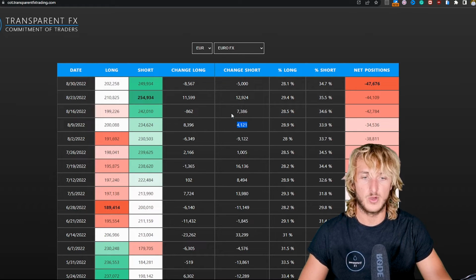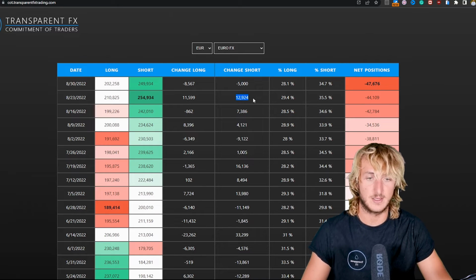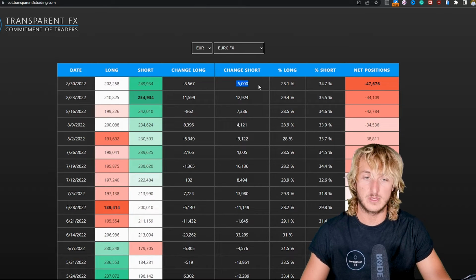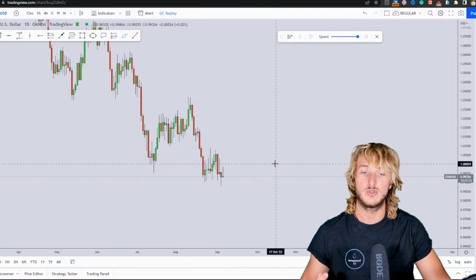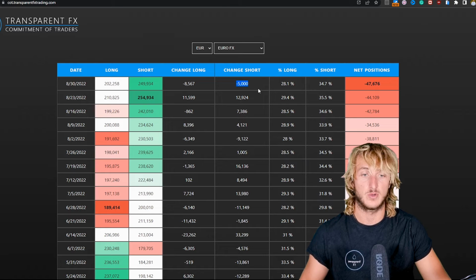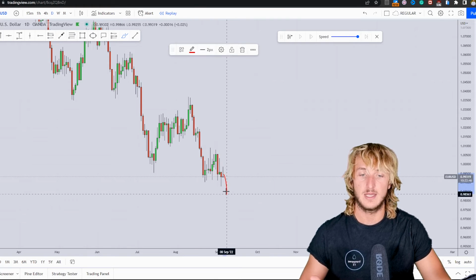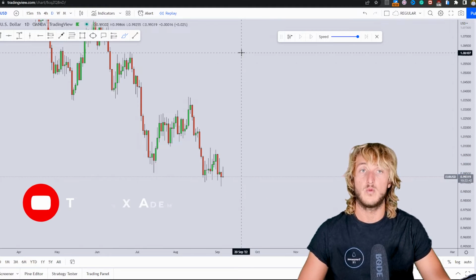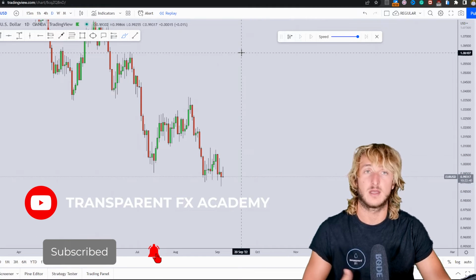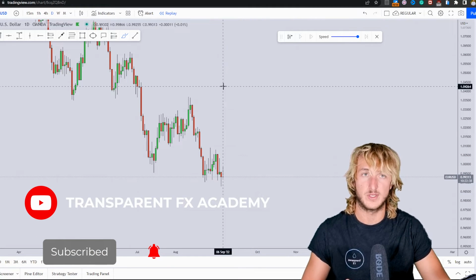If you go from tens of thousands of shorts added to now having shorts getting closed, it means there is the possibility for a correction, because institutions are not really interested in the short anymore, they're starting to close them, and things are getting ready for a correction.